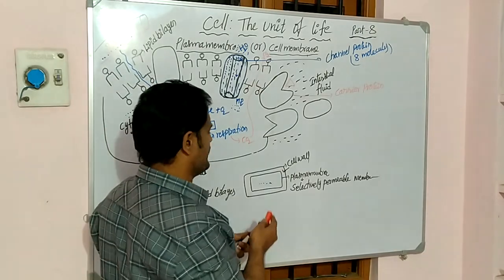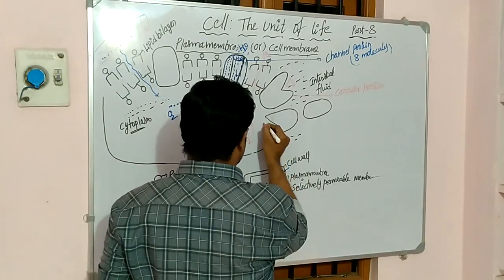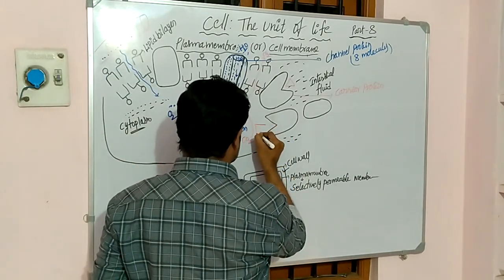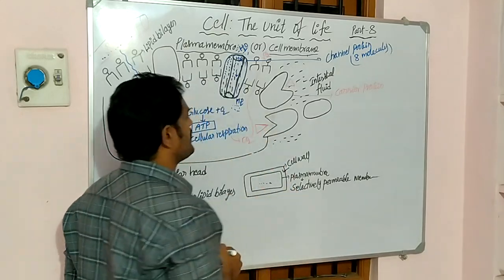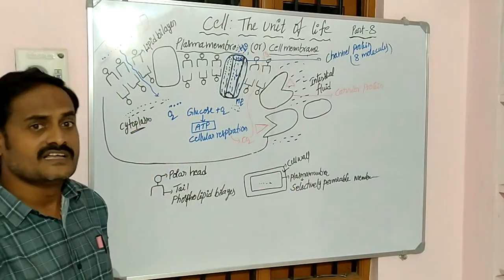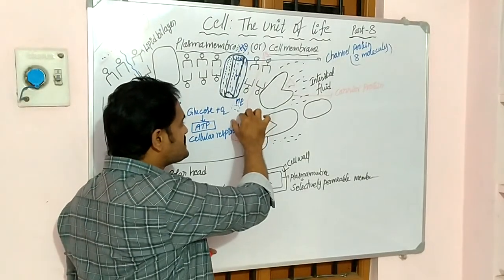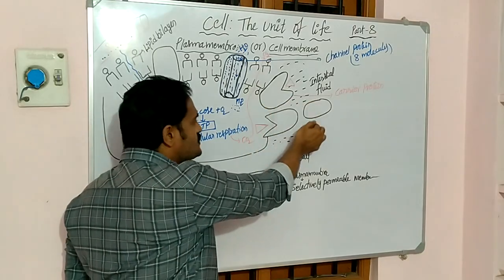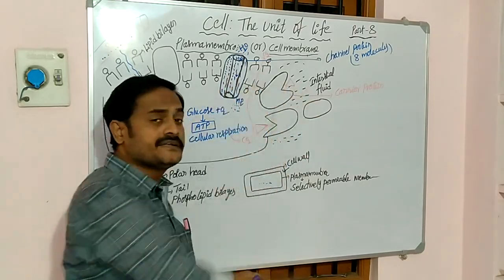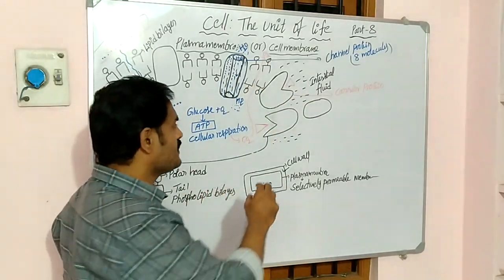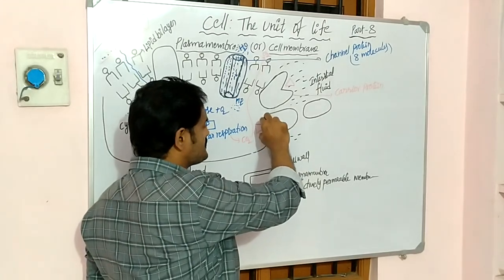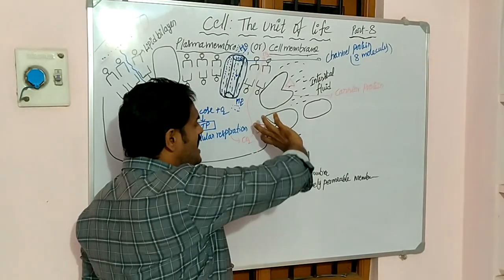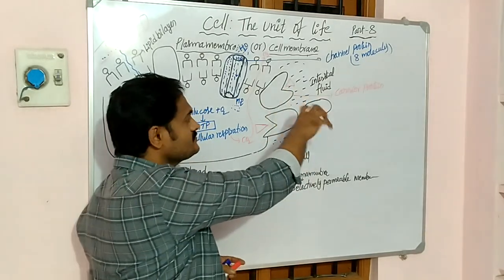Then what will happen? This substance will be released into the cytoplasm of the cell. Like that, if any substance is sent from the cytoplasm to the outside, it collects the substance from the cytoplasm, and again it will rotate.